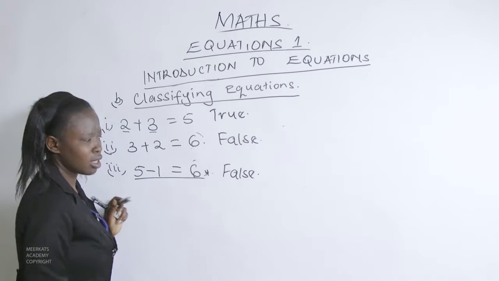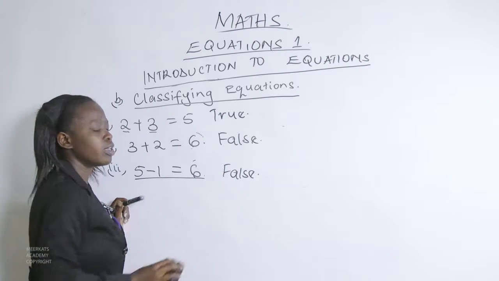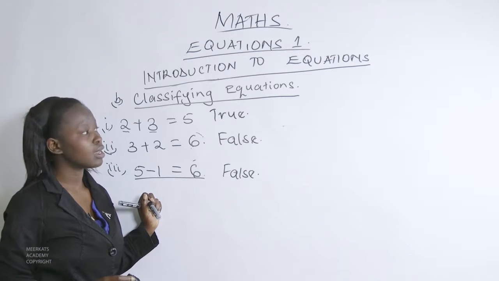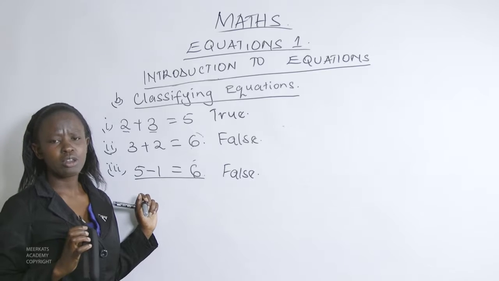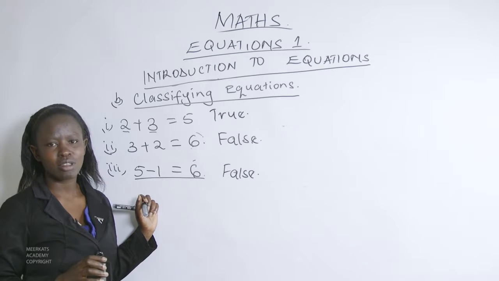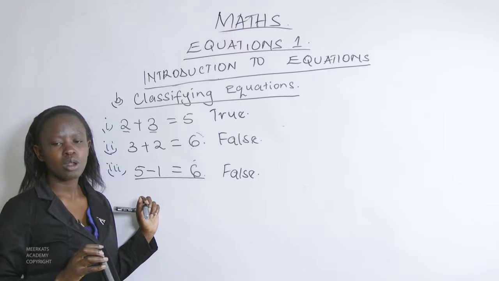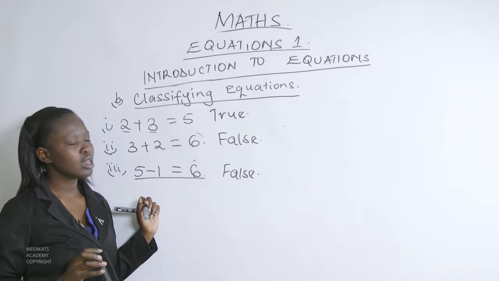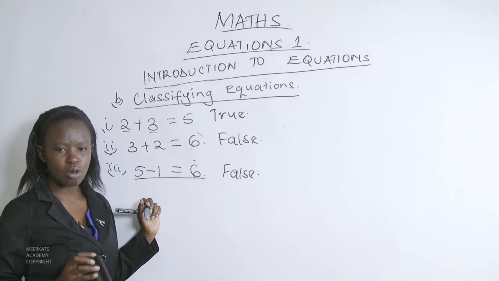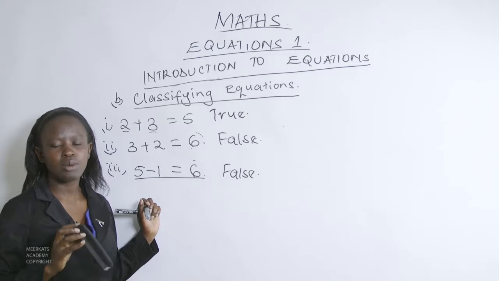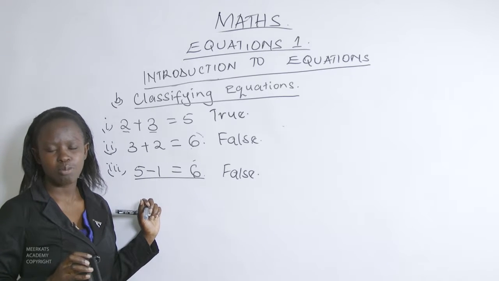It means that not always the equations you've been given are all true. You need to verify and find out, is the equation that you've been given true or false? And you will only find out if it is true or false by simplifying whatever sum that you've been given.